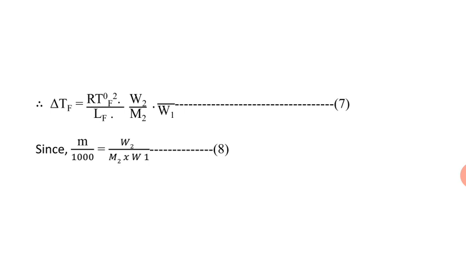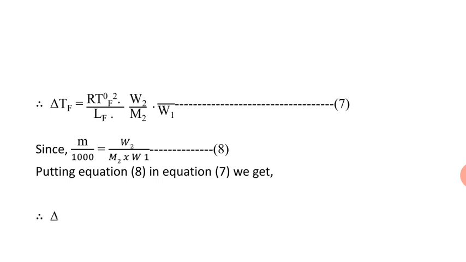Now putting equation 8 in equation 7, just replace W2 upon M2 into W1 with m by 1000. We get our new equation, that is delta TF is equal to R T0F square upon LF into m divided by 1000.